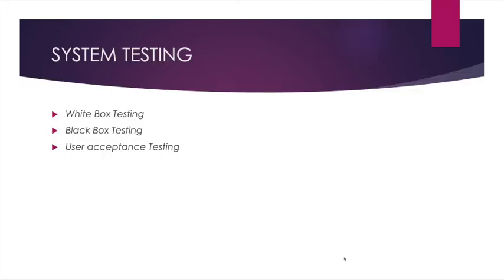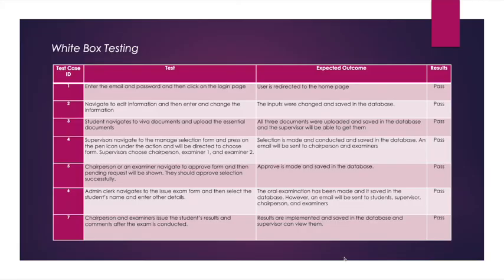As for the system testing, three types of testing were conducted: the white box testing, the black box testing, and the user acceptance testing. White box testing is a testing method that is done when the tester knows the code of the system, to examine and test the functions of the system and to test the expected outcome.